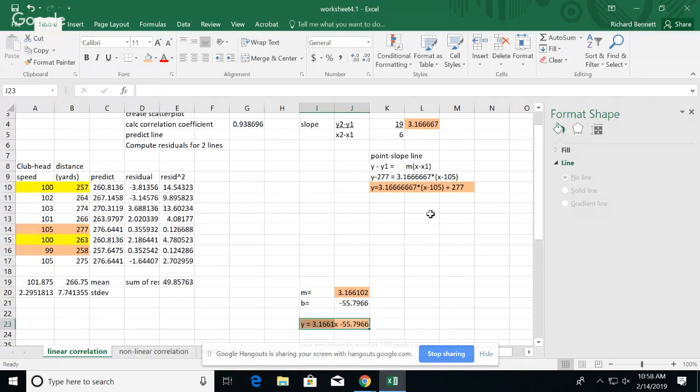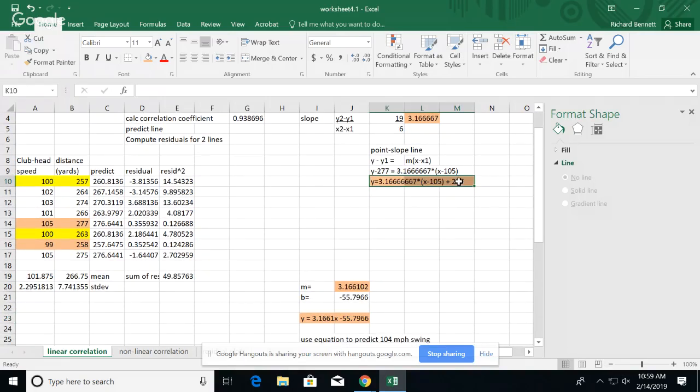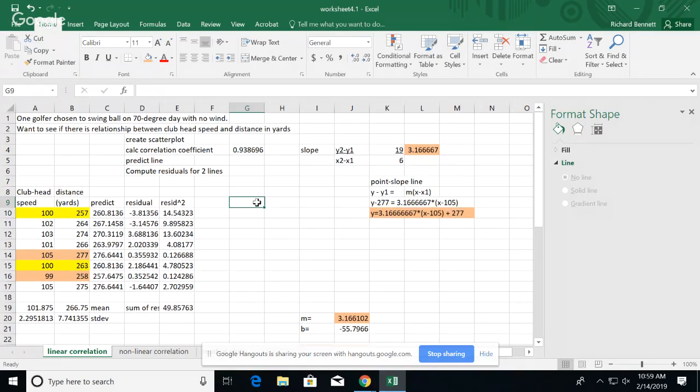So the question is, well, maybe this line is a better line, right? How do we know? So here's what we're going to do. We're going to do the same thing. We're going to do the prediction. Okay, so we're going to do the prediction, okay? So here's what we're going to do. We're going to take our new slope.